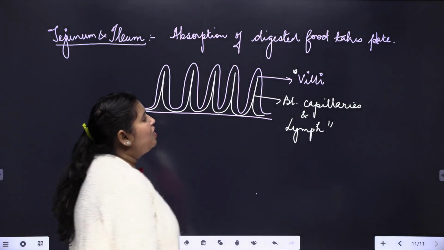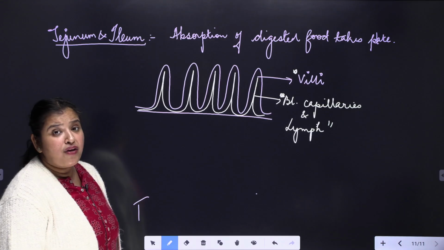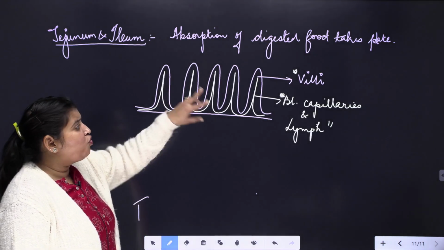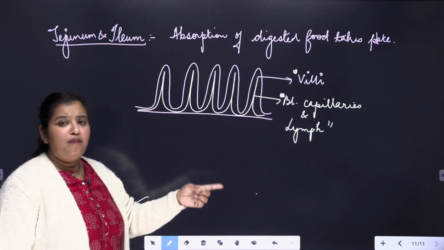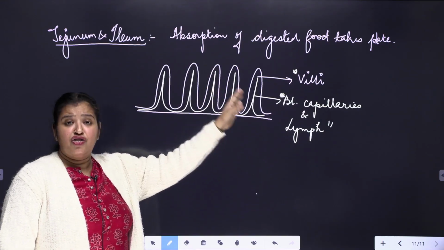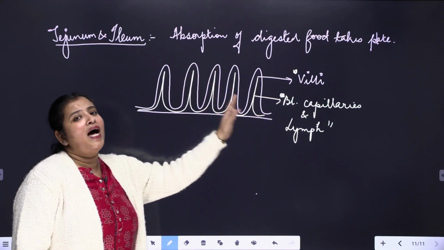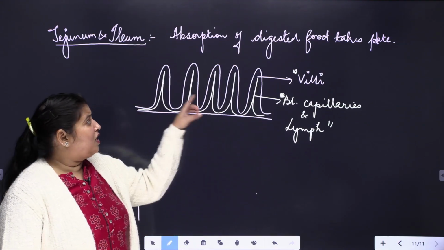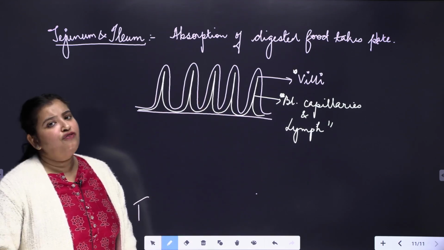And secondly, they are richly supplied with the blood capillaries and the lymph capillaries for the process of absorption. So you have to mention these two points. You have to elaborate and write it in the same way. Villi are present in large number, increasing the surface area for absorption, and a large number of blood capillaries are present. So these are finger-like projections which are numerous, increasing the process of absorption.